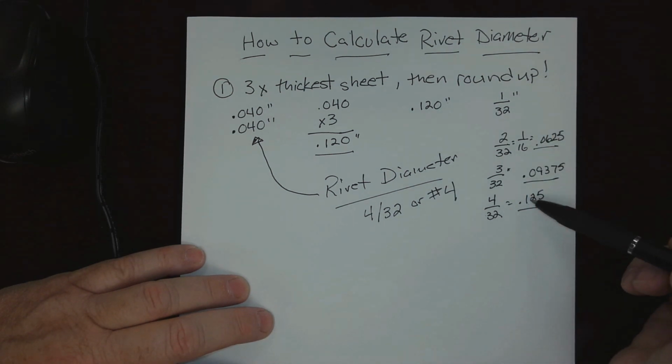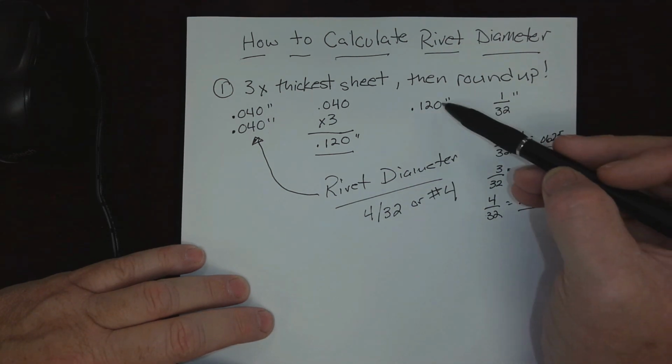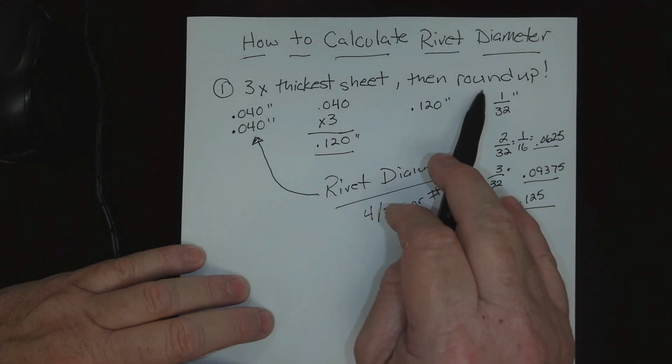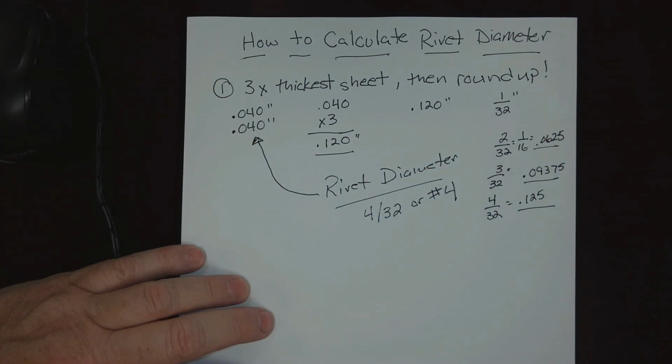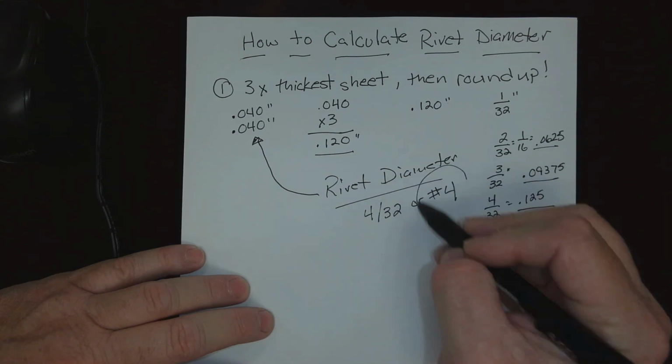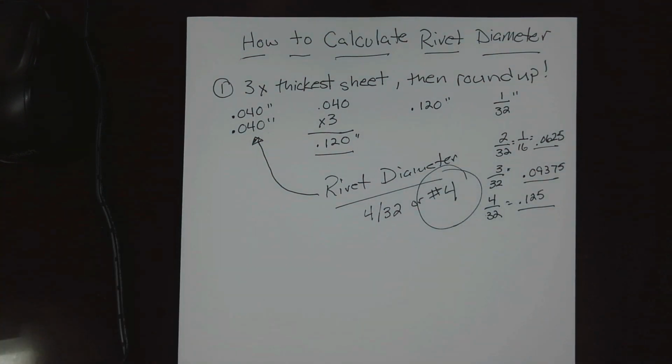In this case, a number 4 was slightly higher, so we rounded up to meet the second part of our rule, and doing so, landed on a number 4 rivet. Perfect. That is rule number 1, and we'll cover rule number 2 in another short video, and that'll be how to select the proper length.